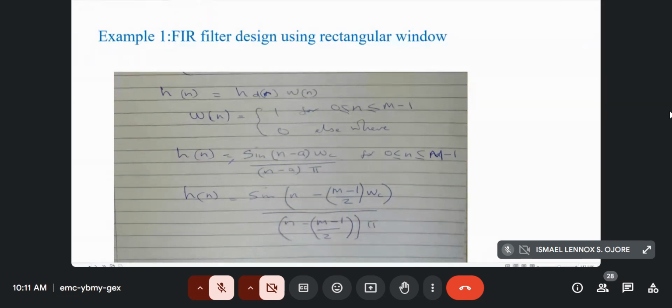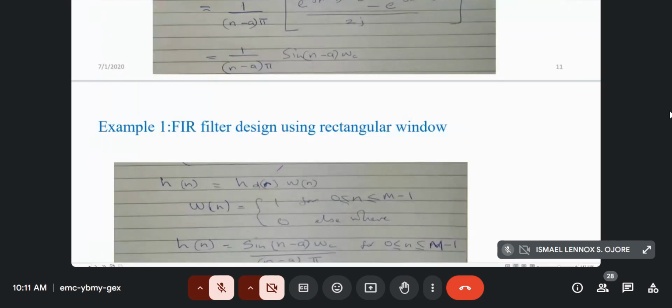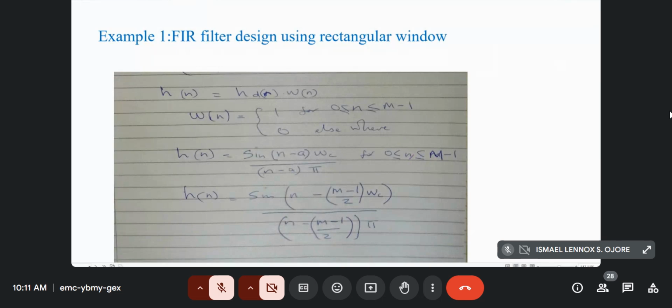So h of n is simply that. We're just multiplying by 1, so it doesn't change. It remains the same for 0 to n minus 1. So our h[n] only runs from 0 to n minus 1.